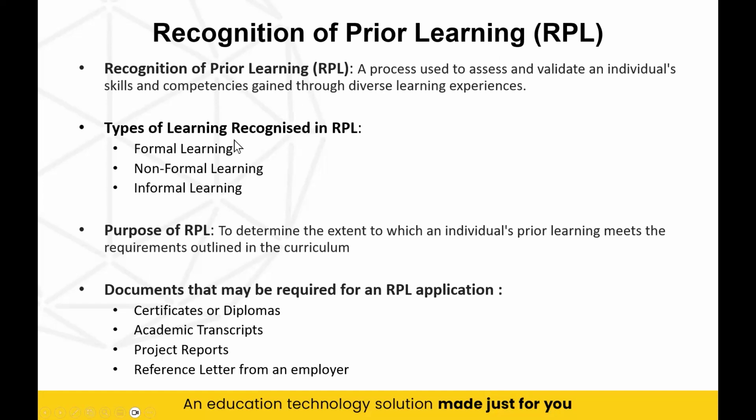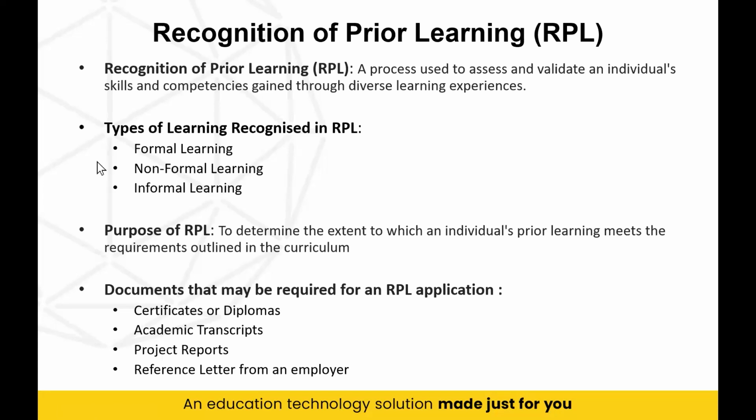It could be formal learning, as in they have gone through some sort of formal education, or informal learning, as in maybe they have done a unit of competency somewhere, and now that they have come to higher education, they might be able to bring this previous knowledge across. And then, of course, non-formal learning is, for example, people that have been working in this industry for a while, and now they're trying to come back and get some accreditation for what they have done.